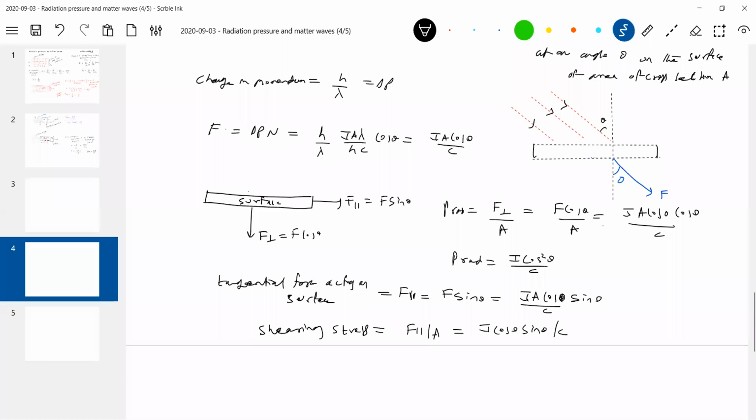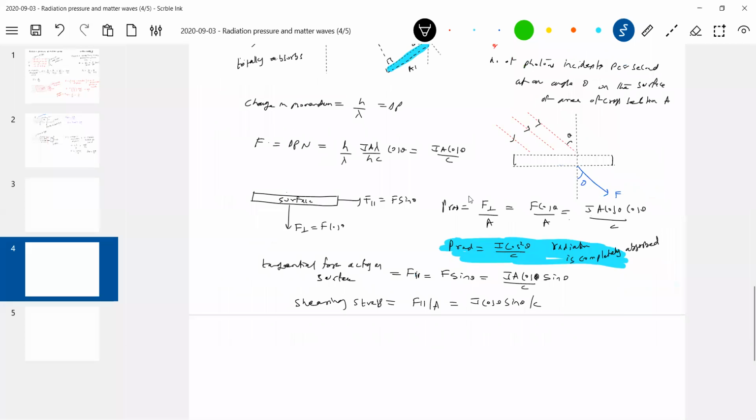So for the radiation pressure, if the radiation is incident at an angle theta with the vertical, and when the incident beam is completely absorbed, this is the formula you have to remember. Radiation completely absorbed. Okay, this is about the beam at an angle.